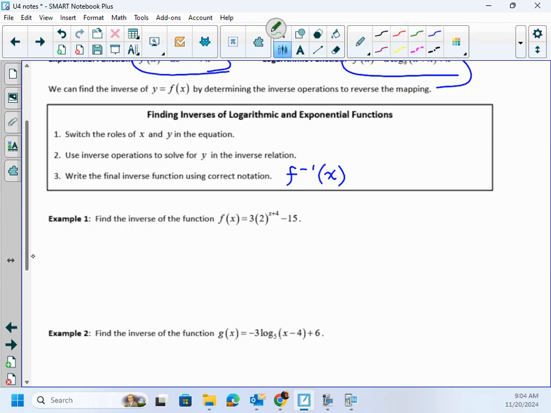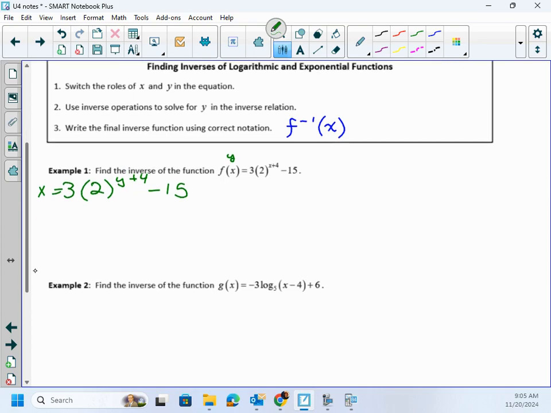So the first thing I'm going to do is switch x and y. So it becomes x equals 3 times 2 to the y plus 4 minus 15. You cannot multiply 3 and 2 and get 6 because the 2 is attached to the power. The whole point is to get y by itself, so the first thing I'm going to move is the 15. So I'm moving the 15 to the other side.